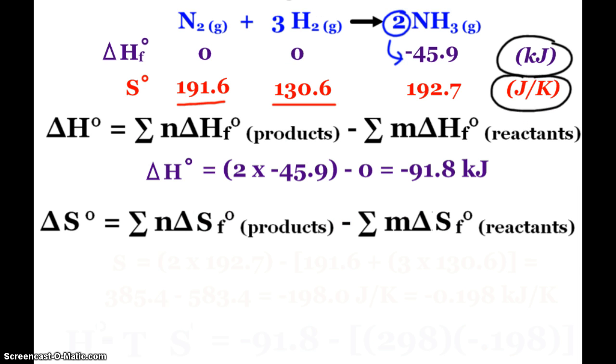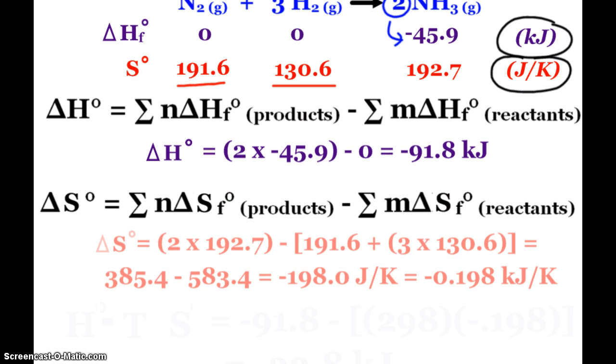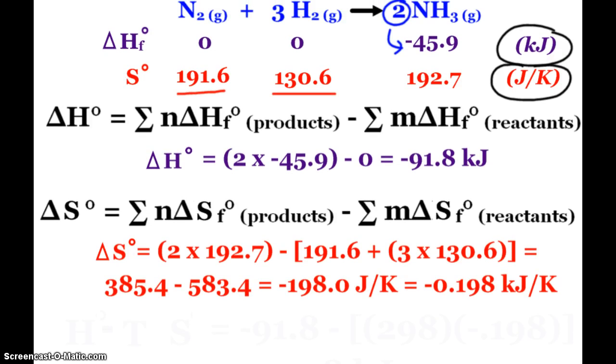Do the same thing with S for the entropy, 2 times the 192.7, and then minus 1 of the 191.6s and 3 of the 130.6s. So I end up with negative 198 joules per Kelvin. But to plug it back into my equation, I do want to change that to kilojoules so it matches my delta H.